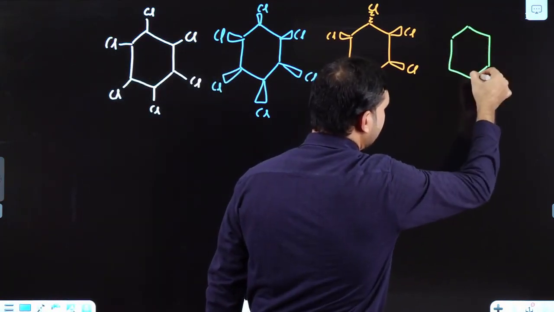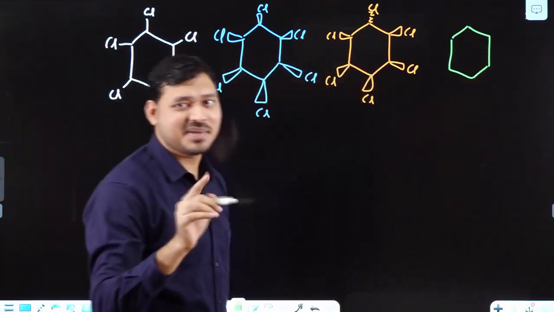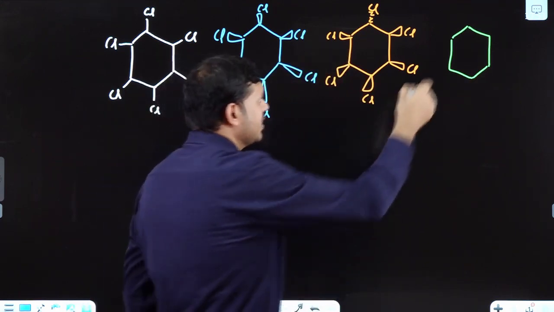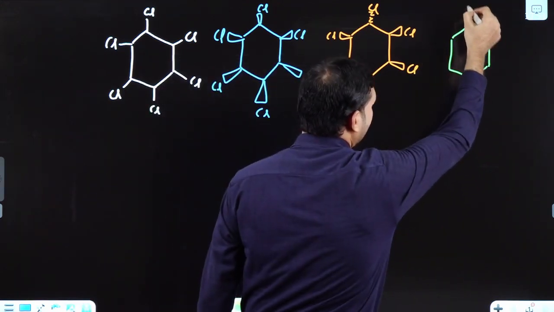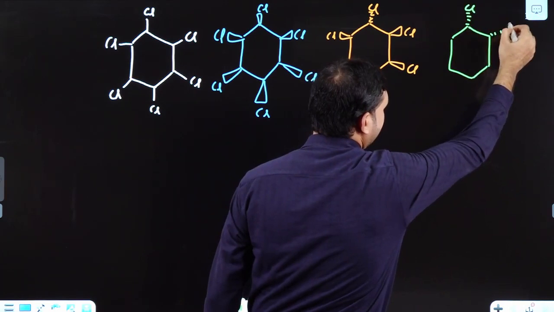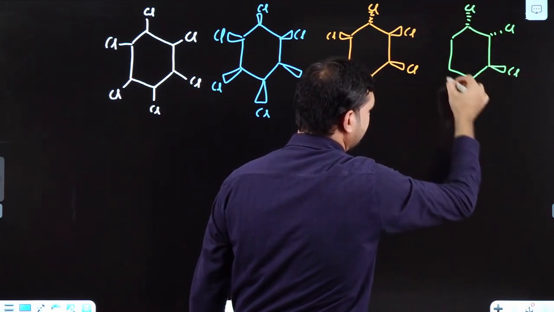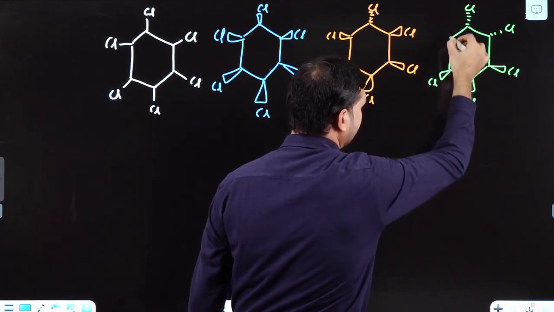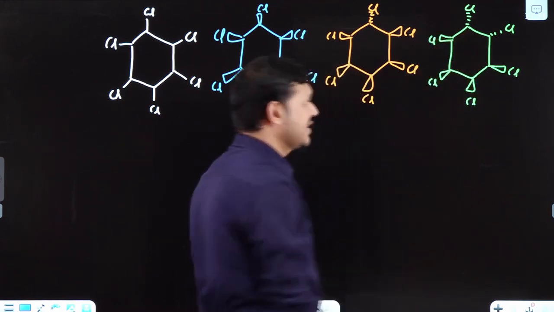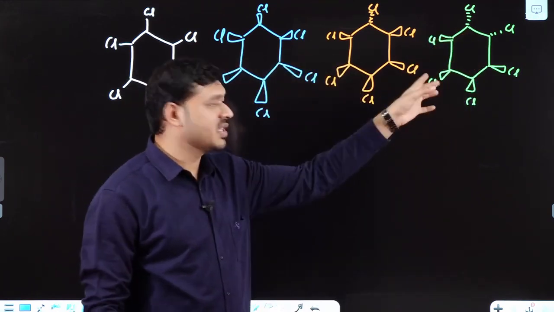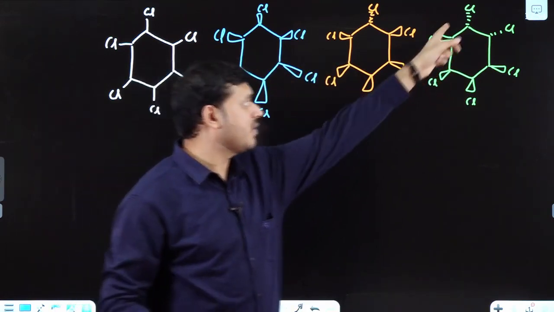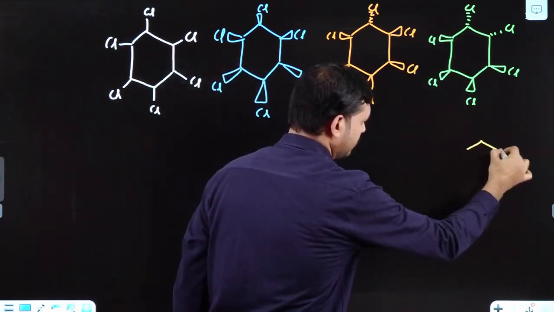Now I am taking the case of 2 chlorine on the same side. So let me draw first the 1, 2 position on the same side. See, when you say 1, 2 on the same side, there is a possibility of 1, 3 on the same side.